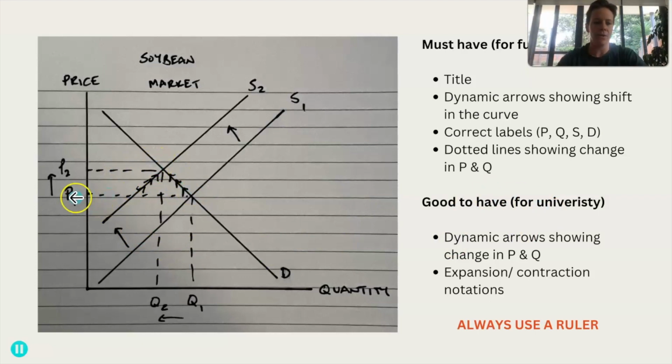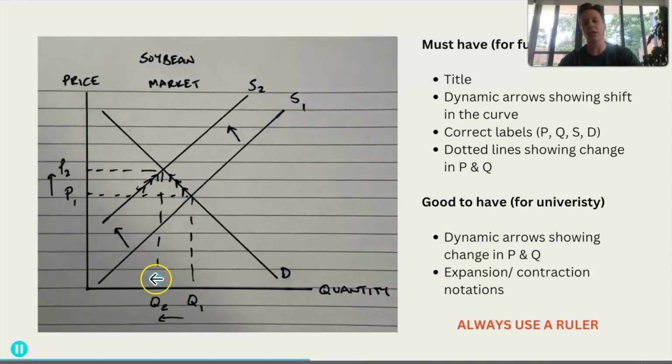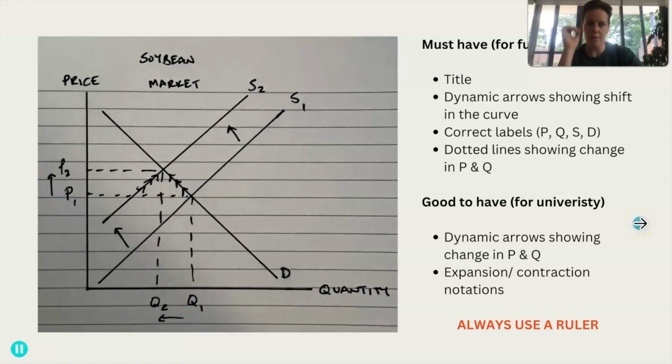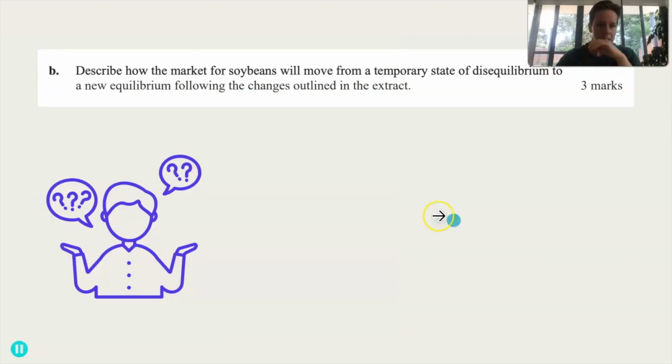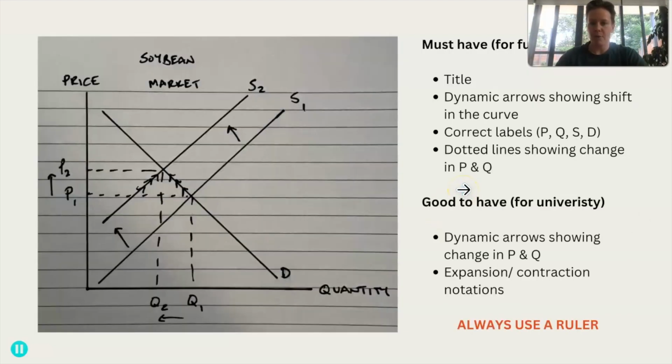And it's also important to have the arrows showing the change in P and Q, but not essential for full marks. The other thing I really want to reiterate here is please use a ruler, okay? There's nothing worse than the examiner having to sit down and decipher someone's pretty poor line drawing. You know, impress them. Grab a ruler. It's not hard. Okay. So for 3 marks, we've knocked that out of the park.